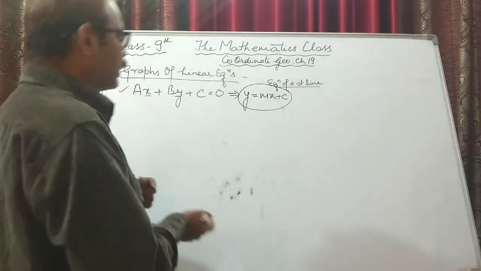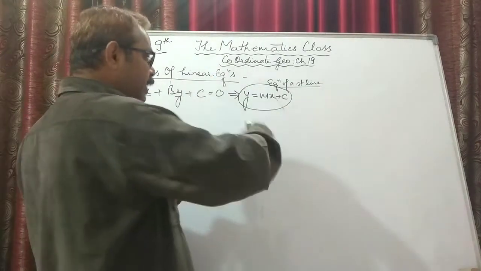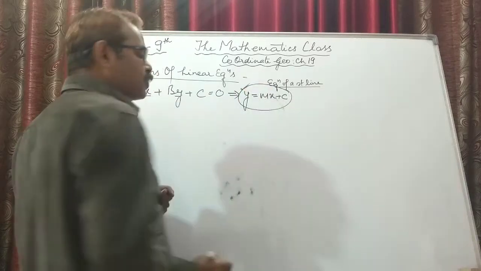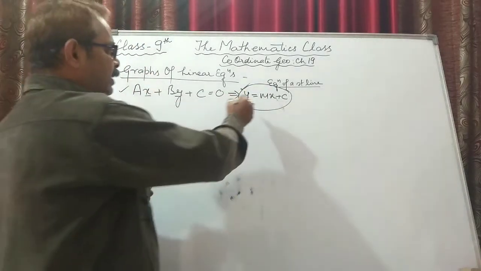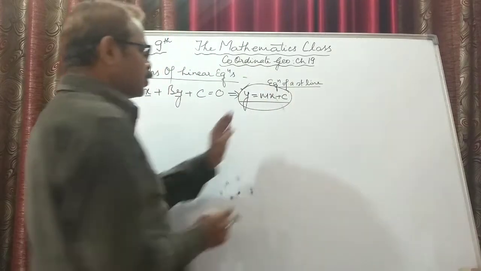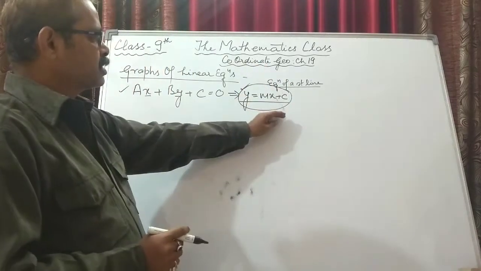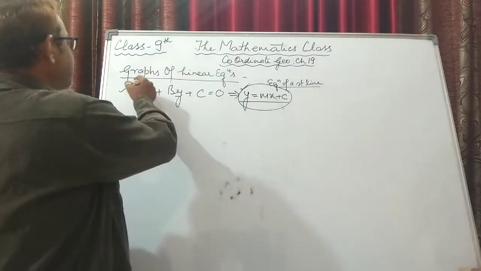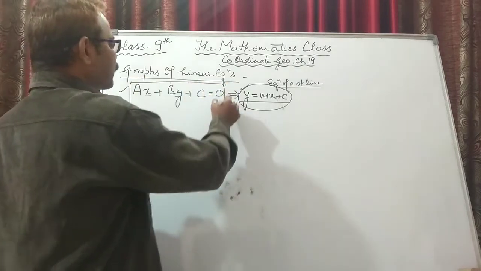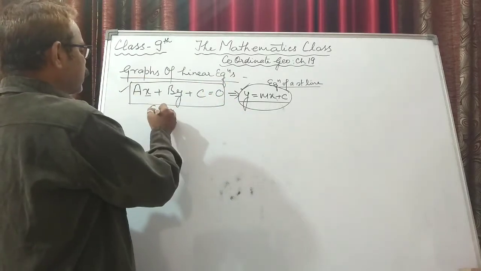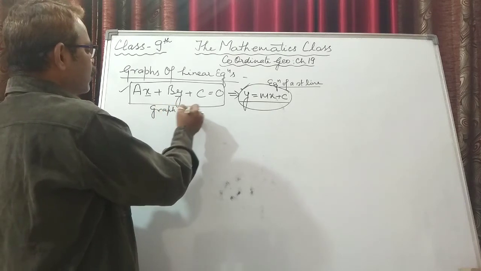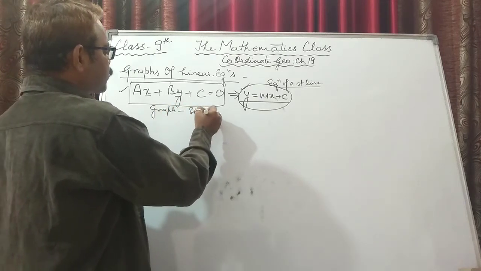A line is generally expressed in the form of y is equal to mx plus c, but that is beyond your topic, so I am not going into it. Just remember that for any equation ax plus by plus c, if you plot a graph of this, you will always get a straight line.